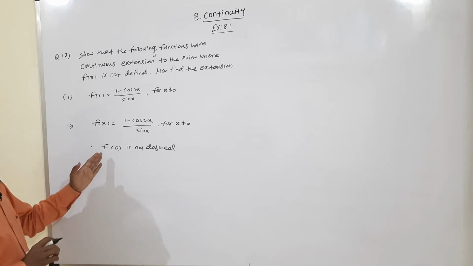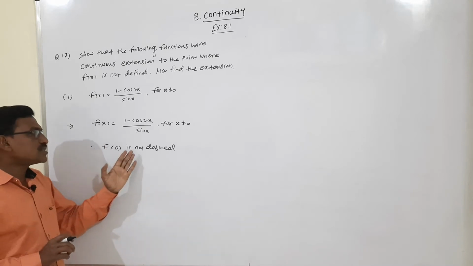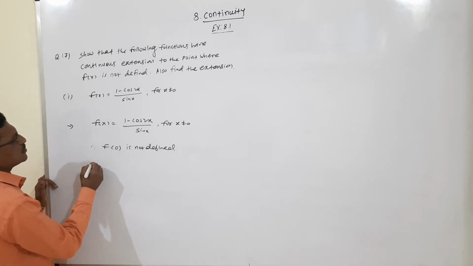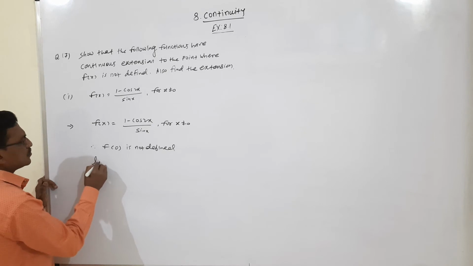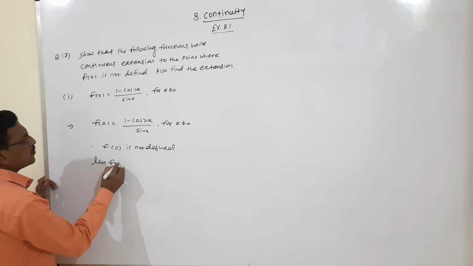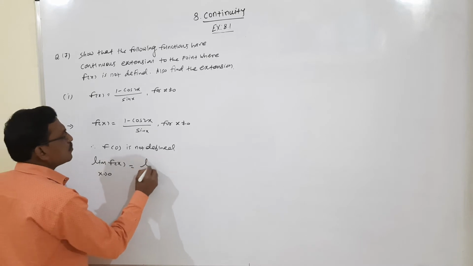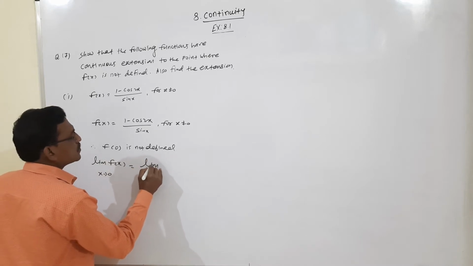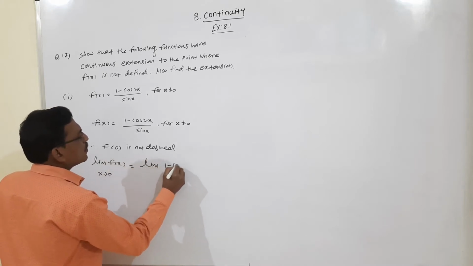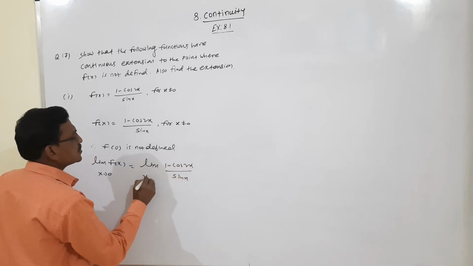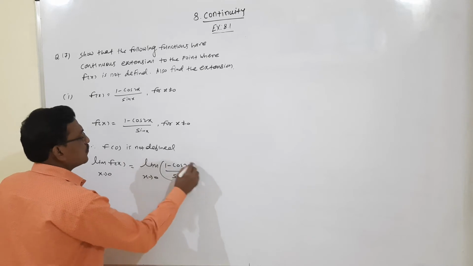We find the limit of the function as x tends to 0, for continuity. Limit of f of x as x tends to 0 is equal to the limit of 1 minus cos 2x divided by sin x as x tends to 0.